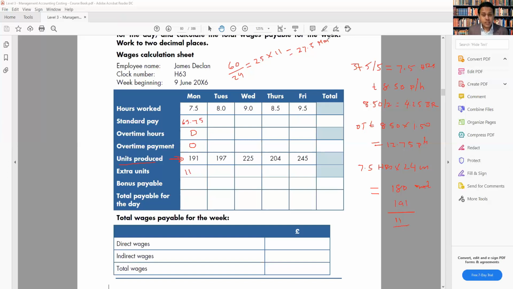Now how much bonus does he deserve? The bonus is £4.25 for the whole hour, but James only used 27.5 minutes. So I need to convert this into minutes as well. So I said 4.25 pounds for 60 minutes. So how much is it per minute? I'll get that and multiply with the 27.5, and that will give us the bonus.